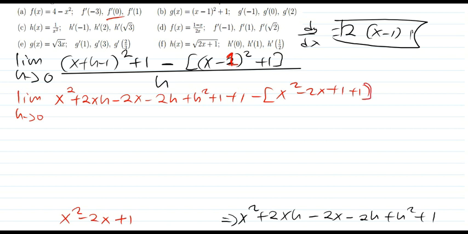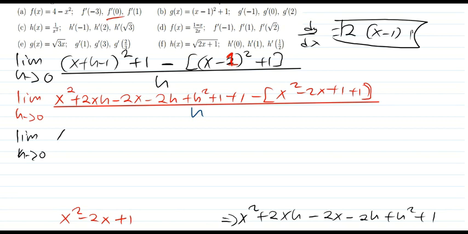So this has to be divided by h. I need to divide this by h. Now, let's distribute the negative. I no longer need this. But before we do that, let me say limit as h approaching 0, x squared plus 2xh minus 2x minus 2h plus h squared. 1 plus 1 is 2 minus, inside here now we have 2.